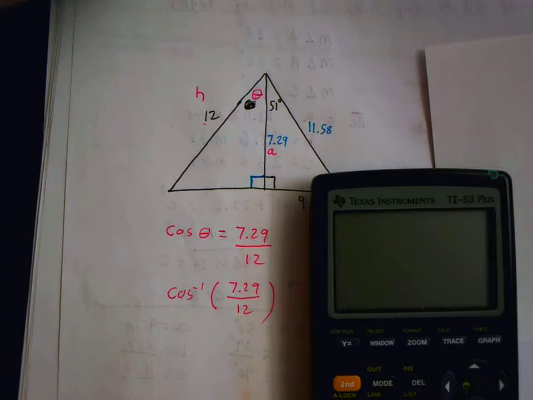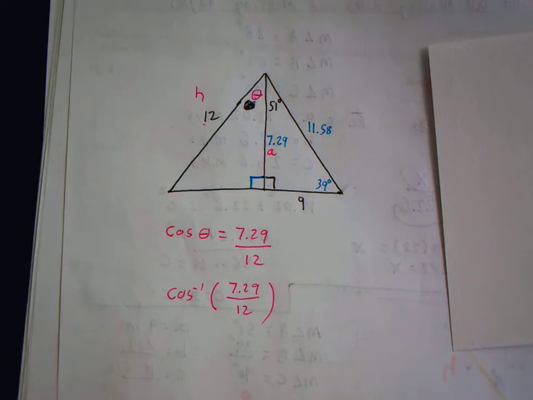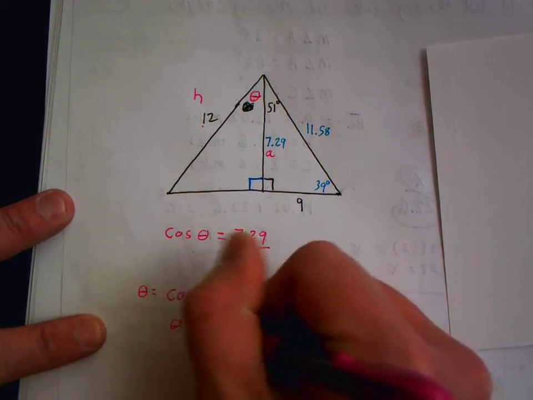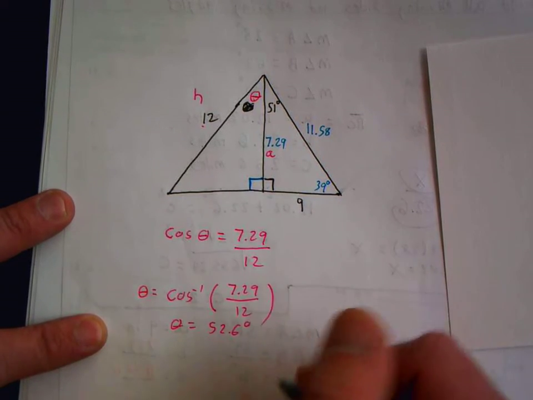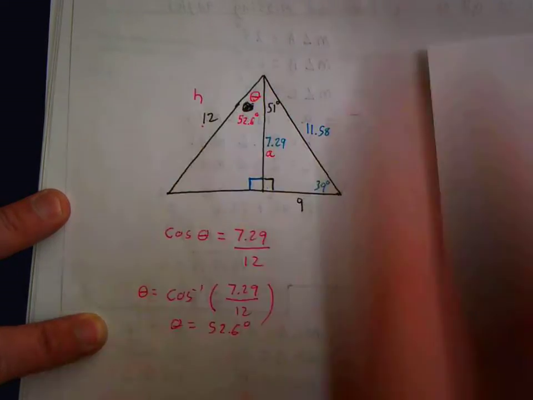So if you type that in, cosine inverse, 7.29 divided by 12, you get approximately 52.6 degrees. So now I know that this is 52.6 degrees.